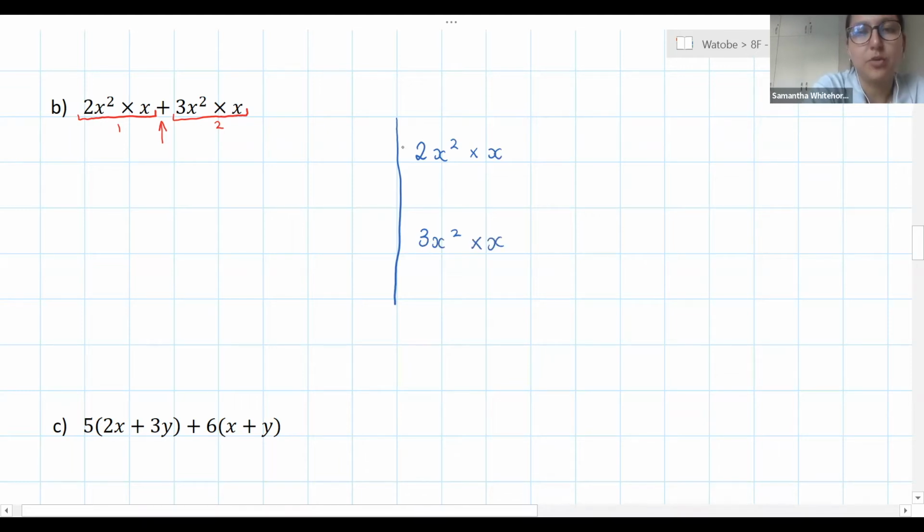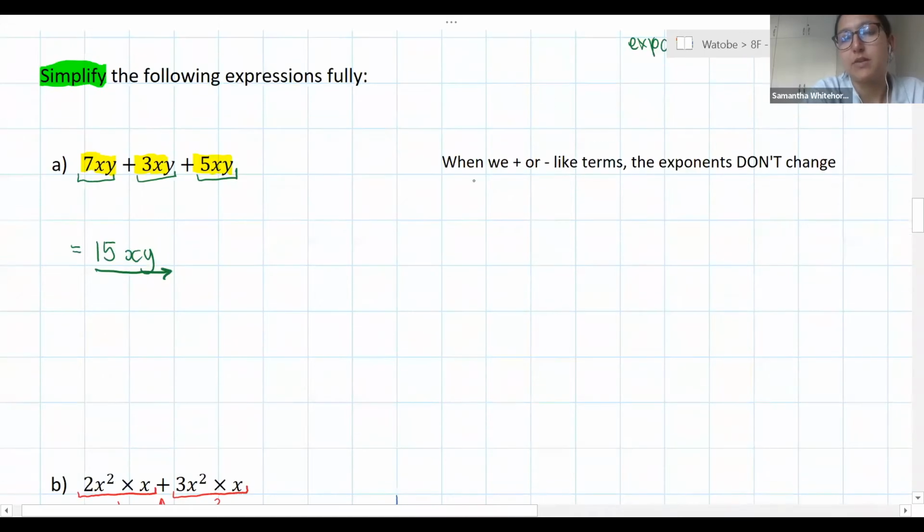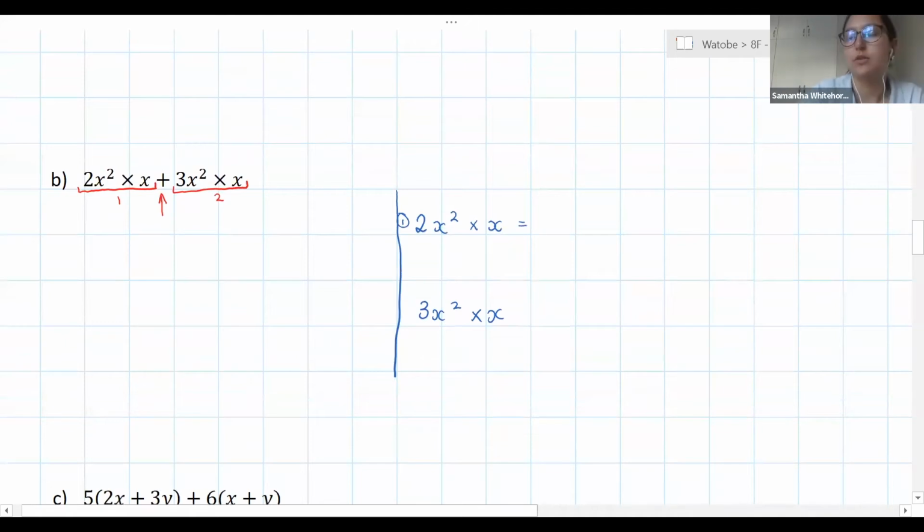If we look at term 1, which was 2x squared times x, I need to multiply this. Now, when I multiply, this goes back to the statement that I made over here. It is only when we multiply or divide that exponents change. So let's put in a little note here.